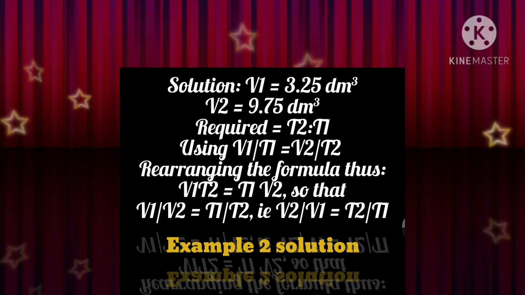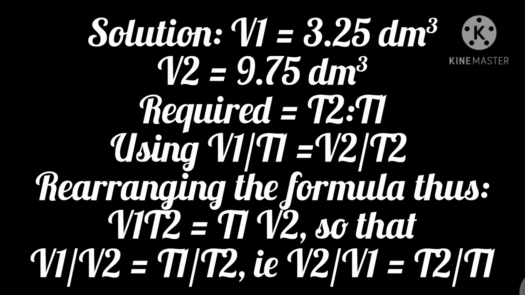And we have V1, of course, is 3.25 dm cube, and V2 is given to us also as 9.75 dm cube. And we are required to find the ratio of T2 to T1 using V1 over T1 is equal to V2 over T2. That is Charles' law.